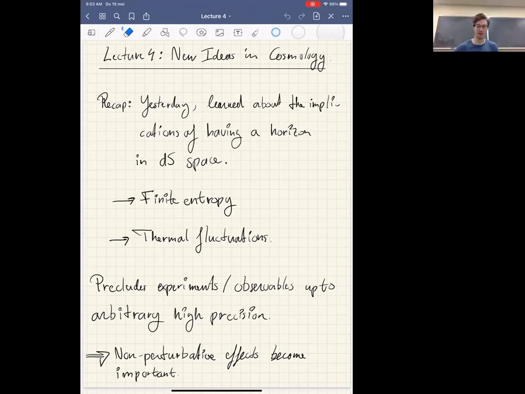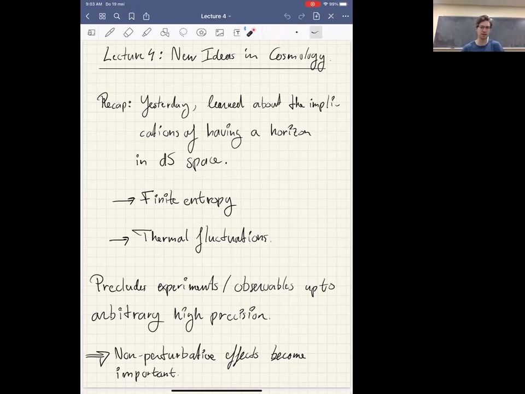So today we'll have the last lecture. It's been really nice talking to you guys about some of the things that I find very interesting in trying to relate cosmology to Swampland. Today my plan is to give you some idea of the new research directions that people have started to pursue to address some of these issues associated with cosmology, and in particular de Sitter space.